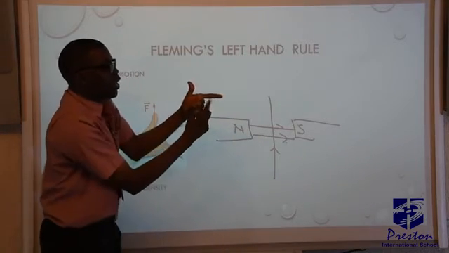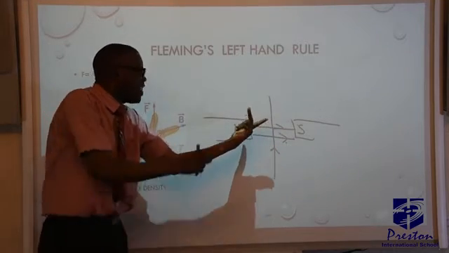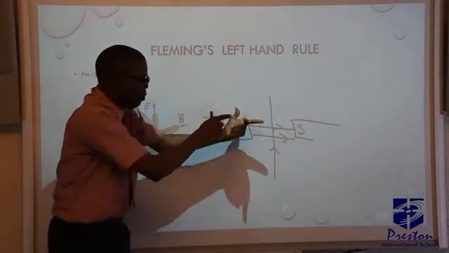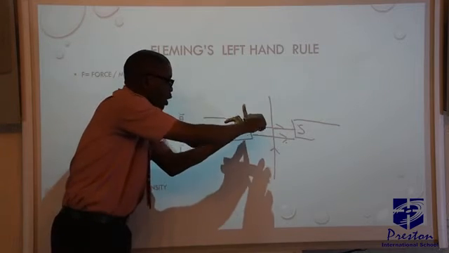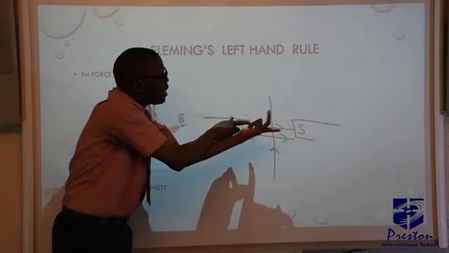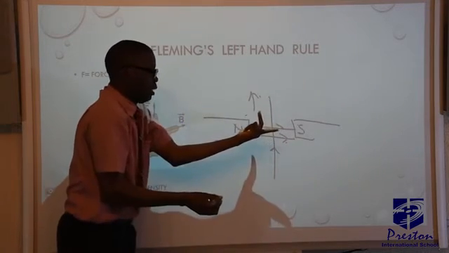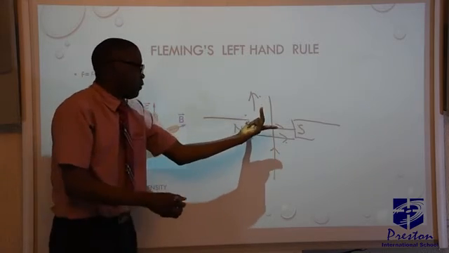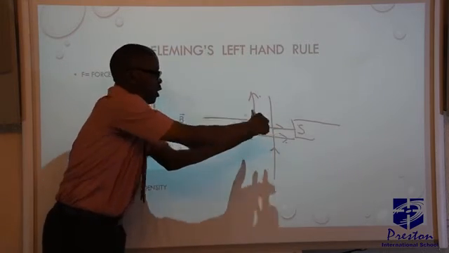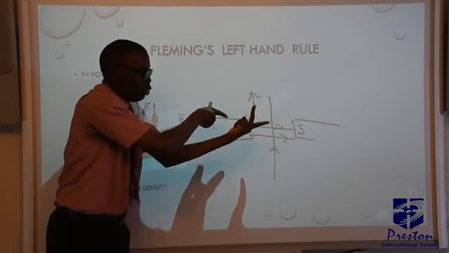This is for field, this is for current. So I position it so that the current goes in the same direction as my second finger. From what my eyes can see, it means that my force is going to go in this direction here. This is the field, this is the current. The field, the current, then the force going in this direction.